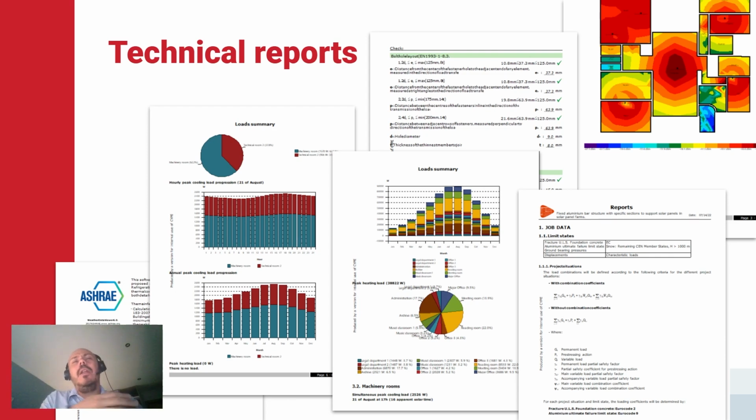There are a lot of types of reports that can be extracted from these BIM models after some analysis, some design, after we use the softwares for their own purposes.